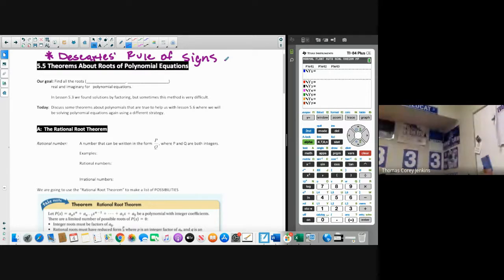Our goal when we have a polynomial equation is to find all the roots, which are also known as zeros or solutions.